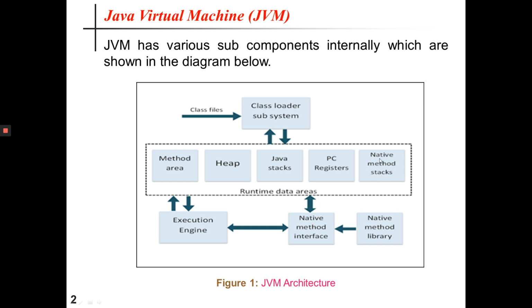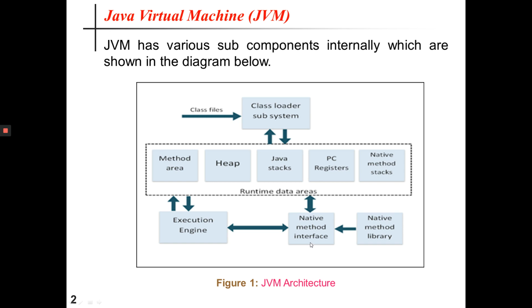Here we can have native methods, that is the method has been written in other programming languages like C or C++. So here native methods are executed. So that is the idea of different components of the runtime data area. So that is the second component. So after discussing the second subcomponent of JVM architecture, which is the runtime data area, I will move to the third subcomponent of JVM architecture, which is the native method interface.